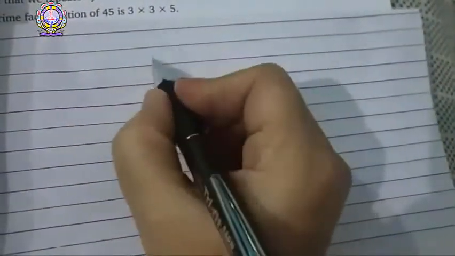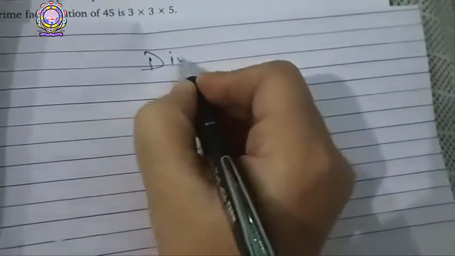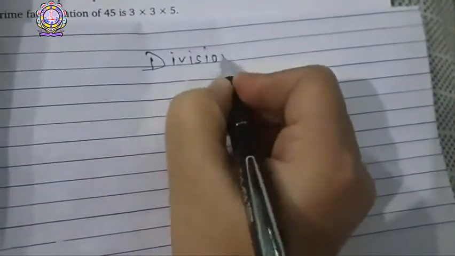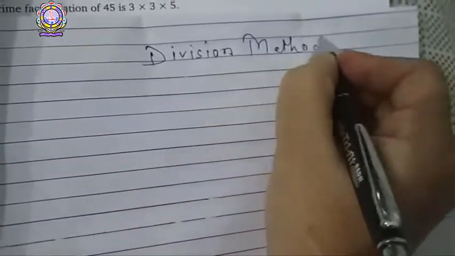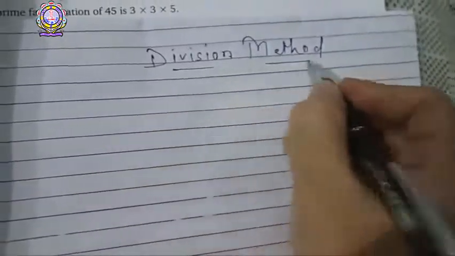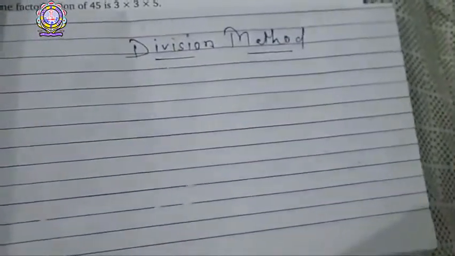Now next is division method. What happens in this method?